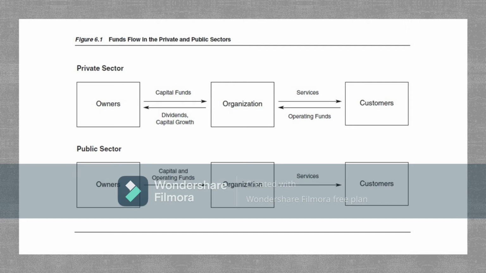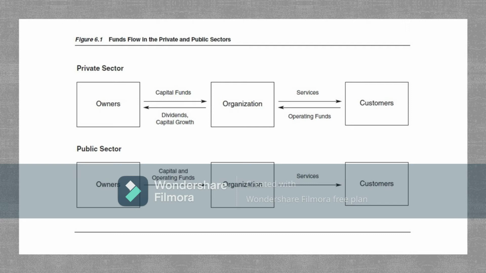The funds can be directed to defense, to education, to roads, to new petroleum refinement plants, to public transportation, etc. This highlights one of the major differences between public and private sector organizations.